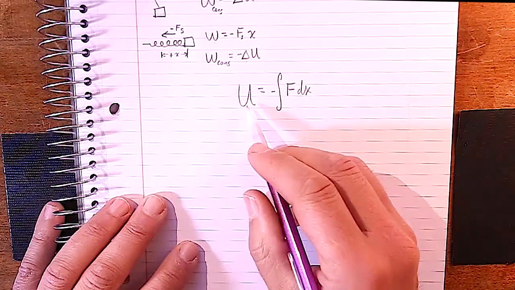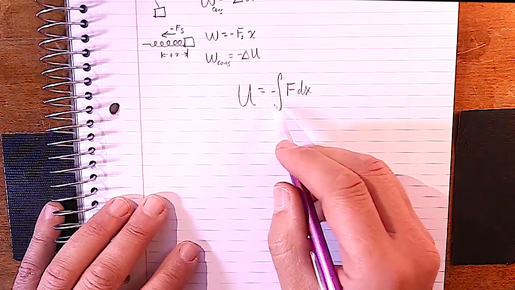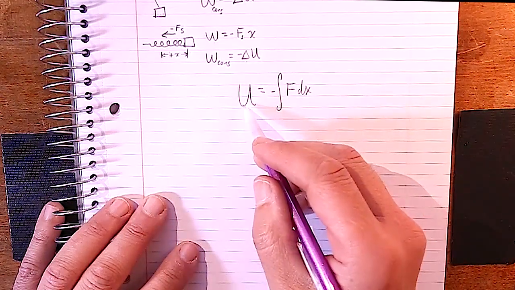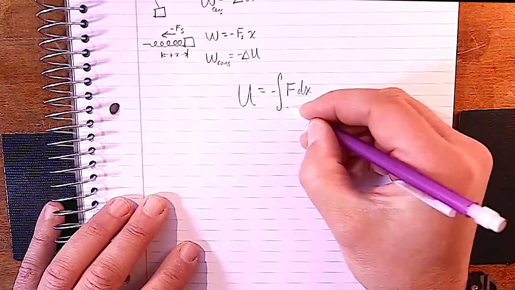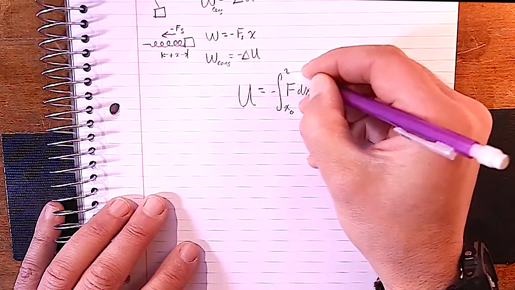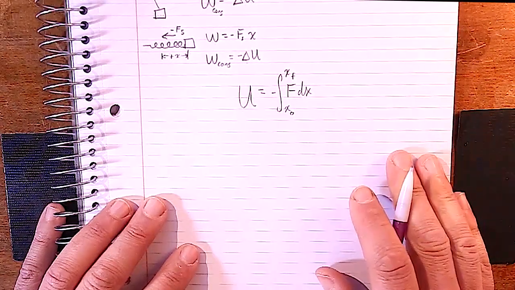Before we were writing this as work is equal to the integral of f dx, but when it's potential energy, we need to put a negative sign in there. And that's when we're moving this from x naught to x final.